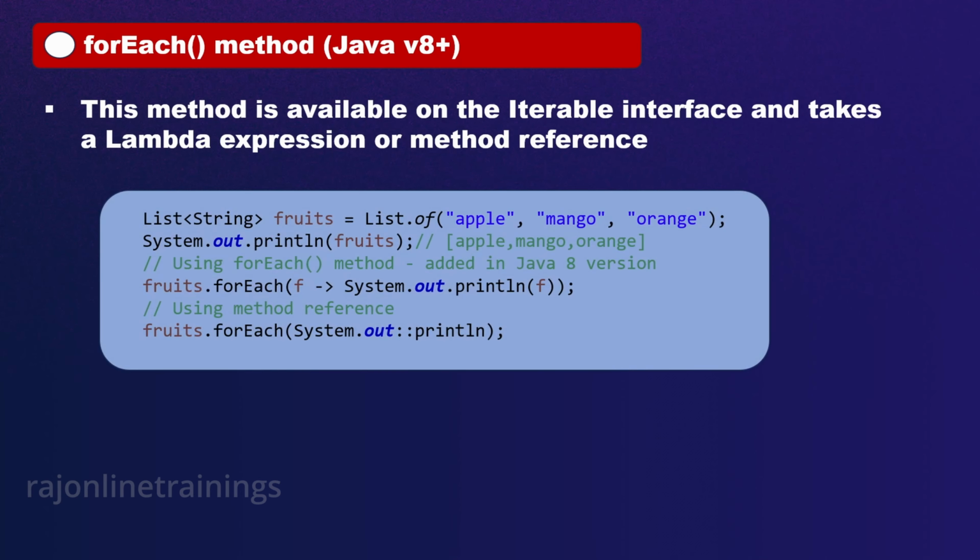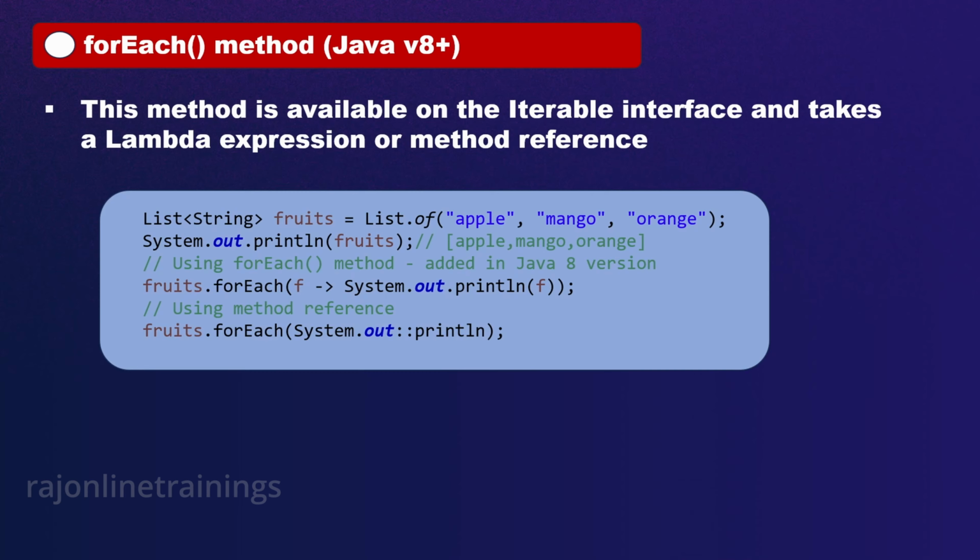For example, if you take a list of fruits, adding apple, mango and orange, we can use the forEach method like this: fruits.forEach(f -> ...). This arrow symbol we call a lambda expression. Whatever value it stores in f, we display on the console using System.out.println(f). First it takes apple, stores it into the f variable, which we print onto the console. Next it takes mango, then similarly orange.